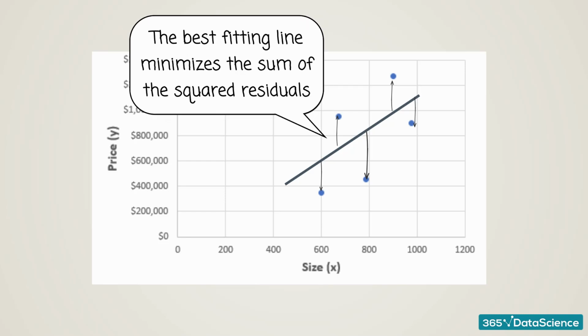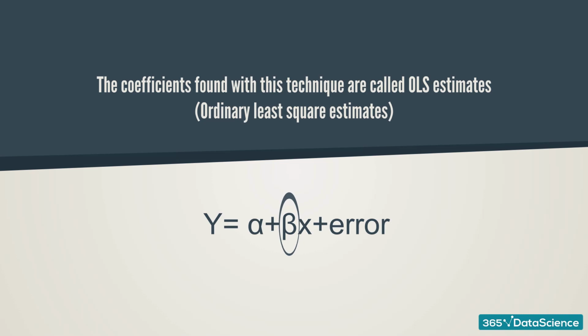The best-fitting line is a best-fitting line because it minimizes the squared sum of the distances of these residuals. If you draw a different line in this plot, its squared residuals will be higher than the sum of the squared residuals of the best-fitting line. This is the reason coefficients found with this technique are called OLS estimates.